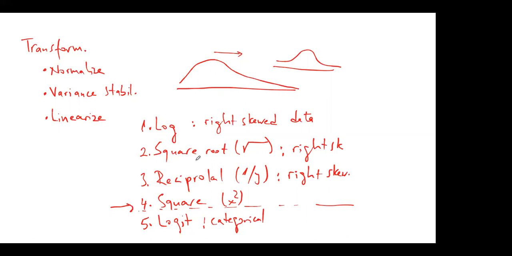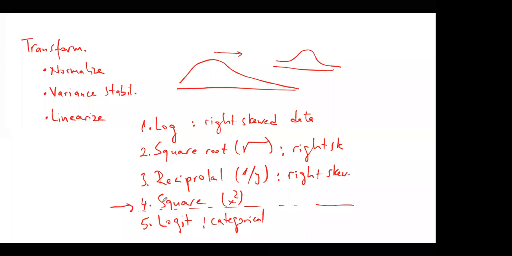If you take the square root of 100, it is 10. If you take the reciprocal of 100, 1 divided by 100 is 0.01. But if you take the square of 100, it becomes a larger number. The square of 100 is 10,000. Yeah, it becomes larger.